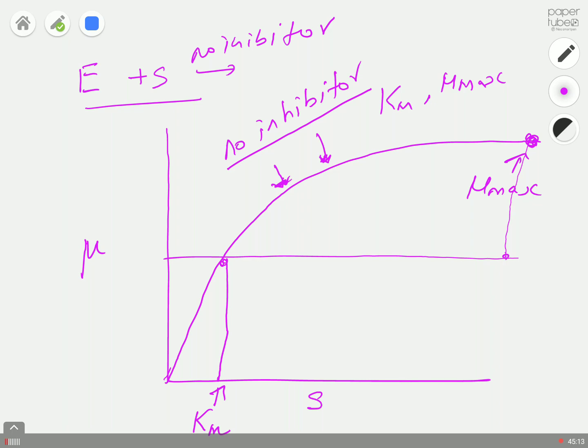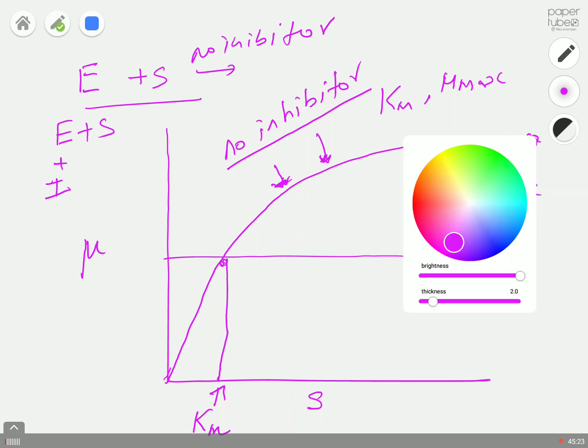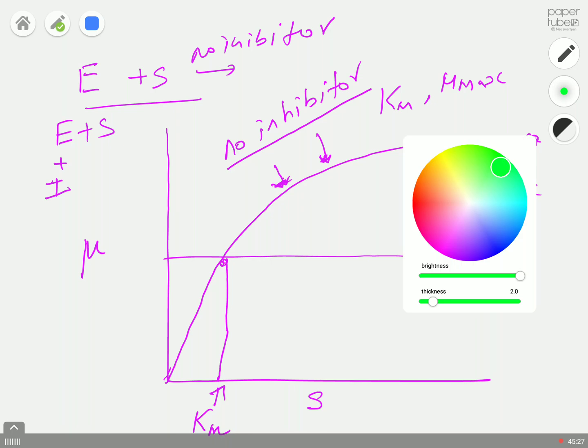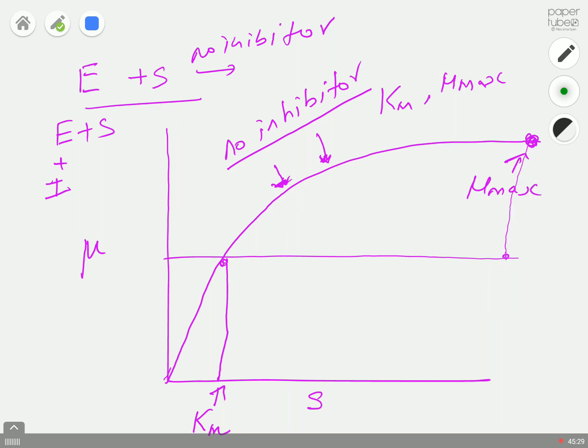And now imagine you perform the same experiment, enzyme plus substrate, and this time we add a competitive inhibitor. You will get something like this. Let me change the color. Follow the green color. So you will get something like that, and then it meets mu max, something like this.